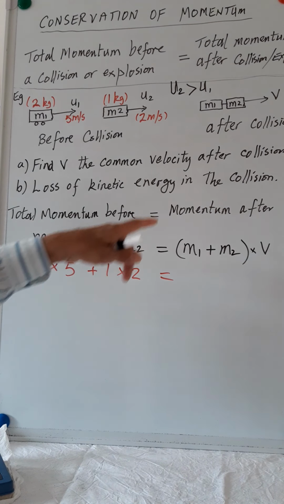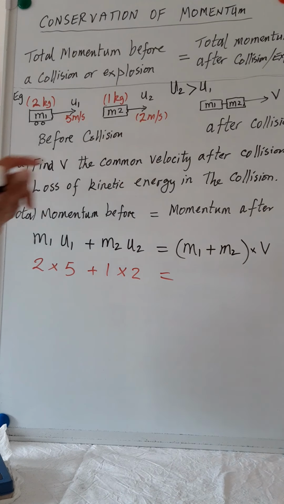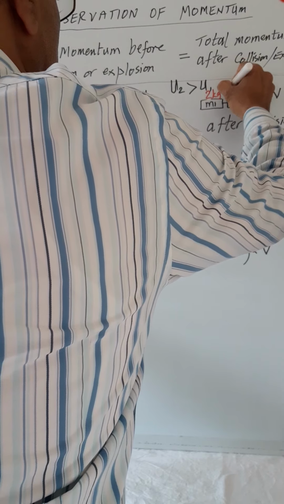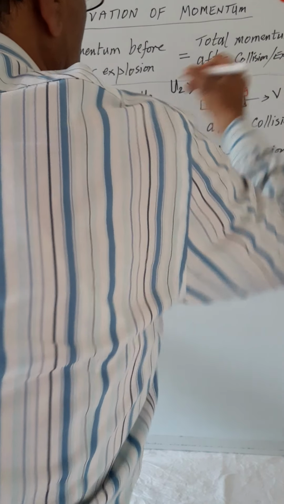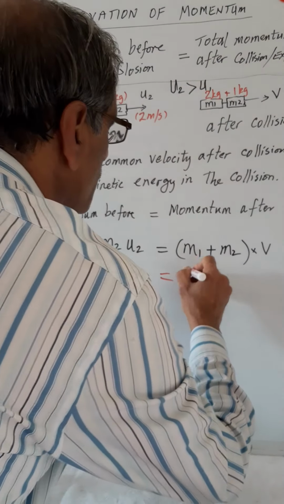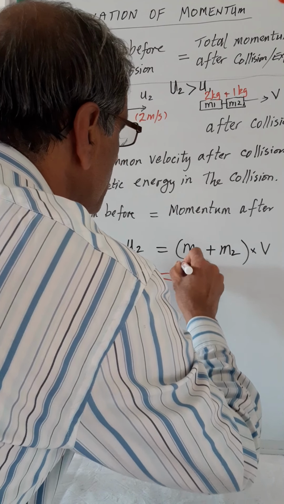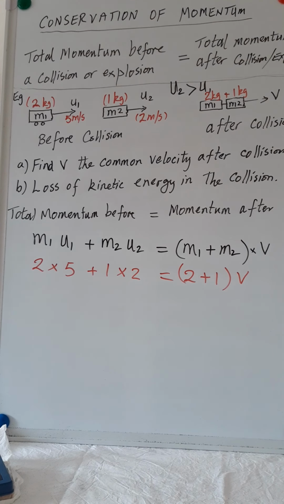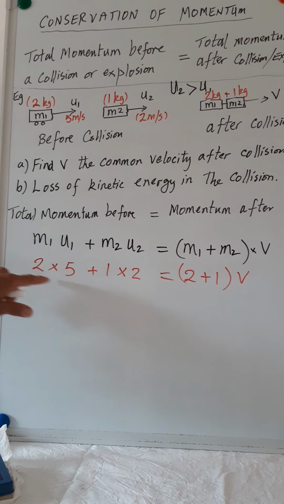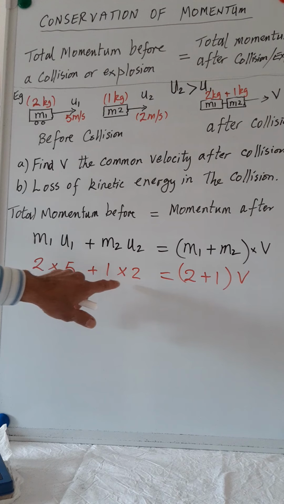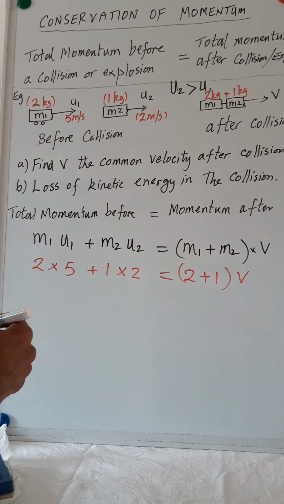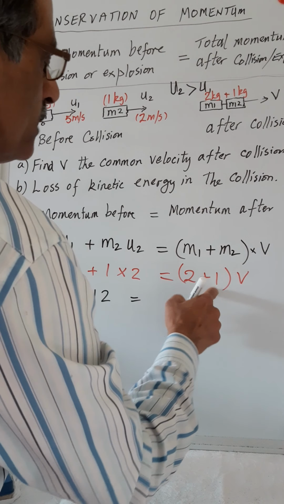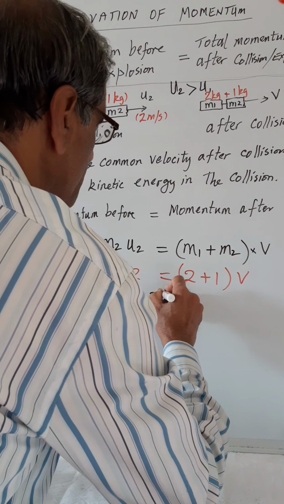That must be equal to m1 plus m2, that means 2 kilogram plus 1 kilogram, they stick together, so it's going to be 2 plus 1 times v. Okay, 5 times 2 is 10. 10 plus 1 times 2 is 2. 10 plus 2 is 12. So that comes to 12 equals 2 plus 1, which is 3, 3v.